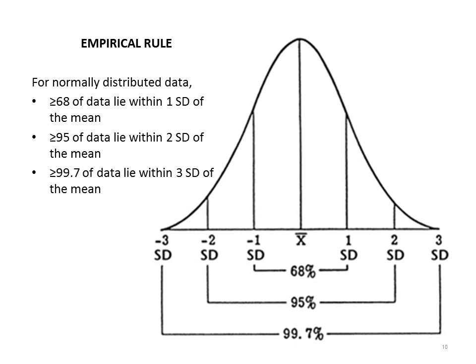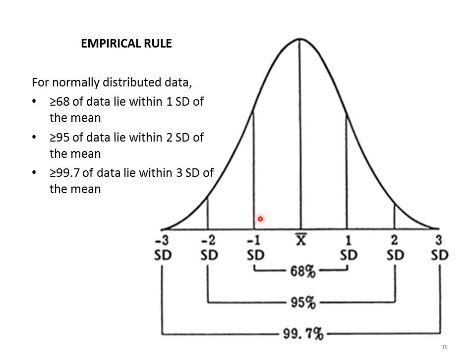The empirical rule: for normal distributions with any mean and any variance, we can make the following 3 statements. 68% of the data lie within 1 standard deviation of the mean. So here is the mean, and that's 1 standard deviation to the left and 1 standard deviation to the right.